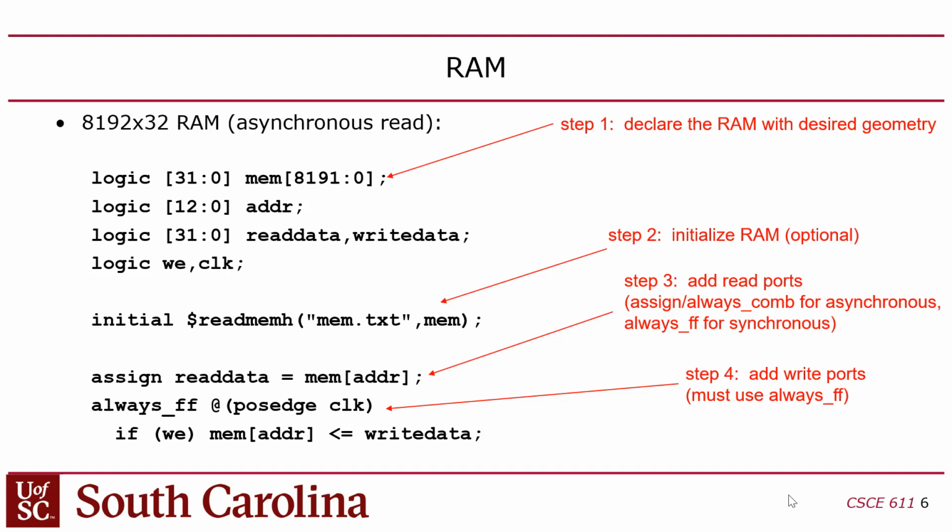Well, it turns out that actually that is synthesizable. You wouldn't think it is. The reason is because the synthesizer, when it generates the RAM for the FPGA, will generate the design on the FPGA in a way that the RAM will be initialized with the contents of that file. But that only works on an FPGA, not on an ASIC.